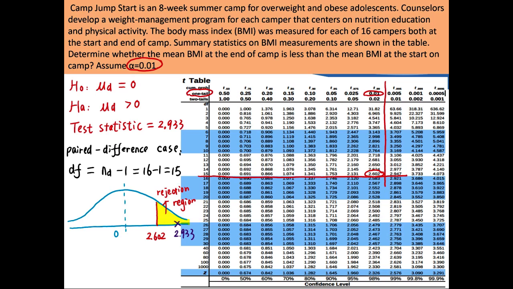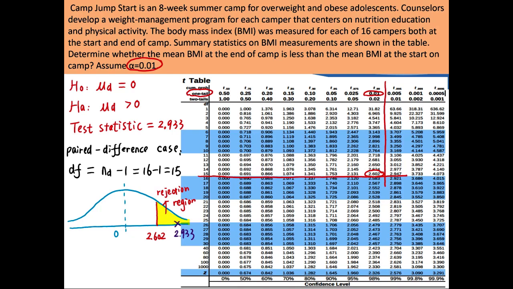Because HA is bigger, it's a one-tail problem, and alpha is 0.01, which is given. The crossing, 2.602, is the critical value, and we need to highlight the rejection region on the right because HA is bigger.